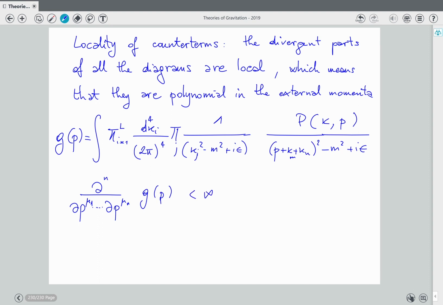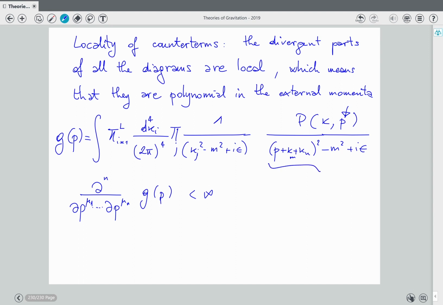Because anytime you differentiate with respect to the external momenta, you either kill some power of the momentum in the numerator, and that's a polynomial. After a certain number of derivatives, those will disappear.